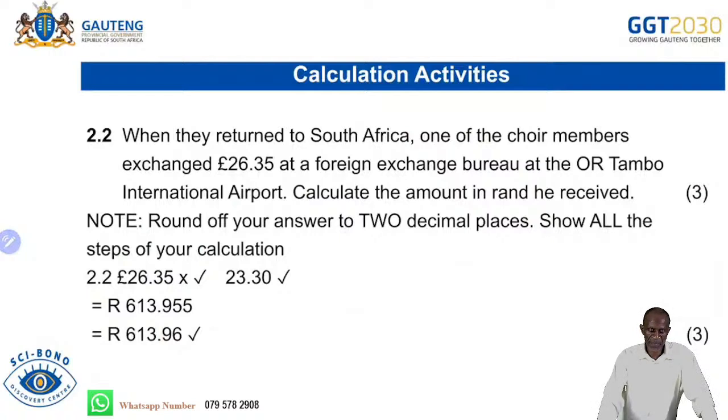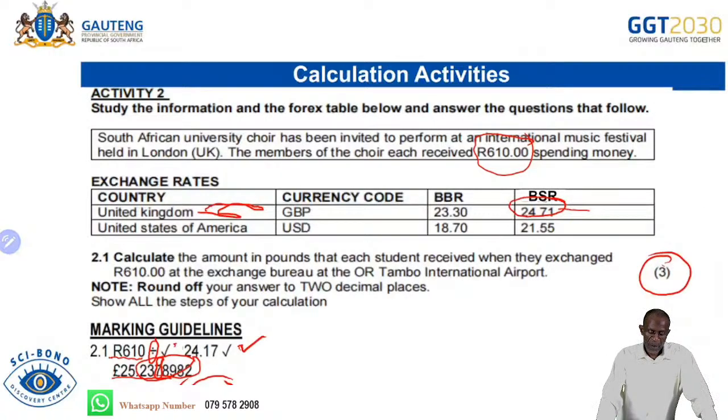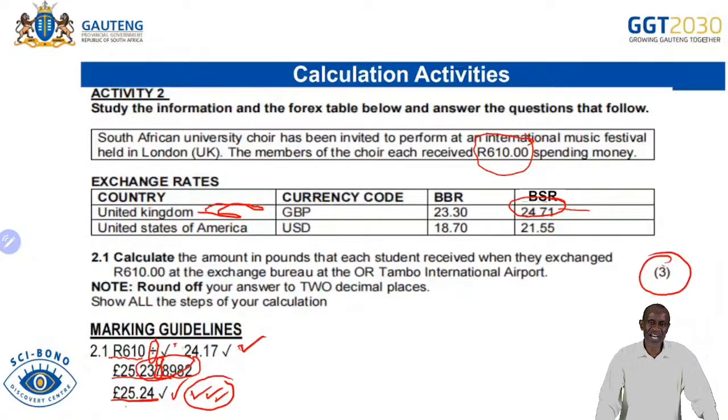Show all steps of your calculations. We are going back here to the table. So he comes back home with a foreign currency, and at the Bureau Exchange at OR Tambo International Airport, he wants to exchange his pounds to South African rand because he may not use the pound in the country.